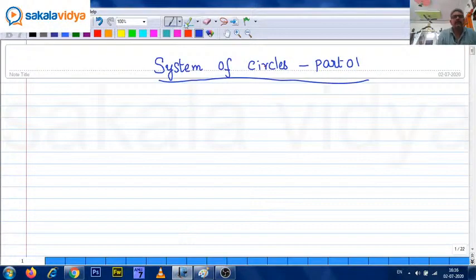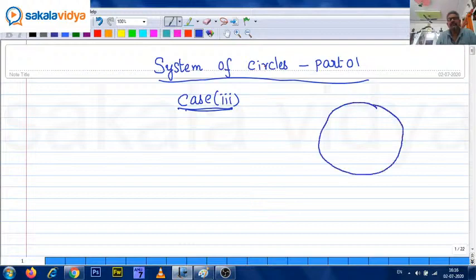Now you do one thing. Consider case 3. In case 3, for example, if one circle is like this, and the other circle is like this. Now you join the centers of these two circles.